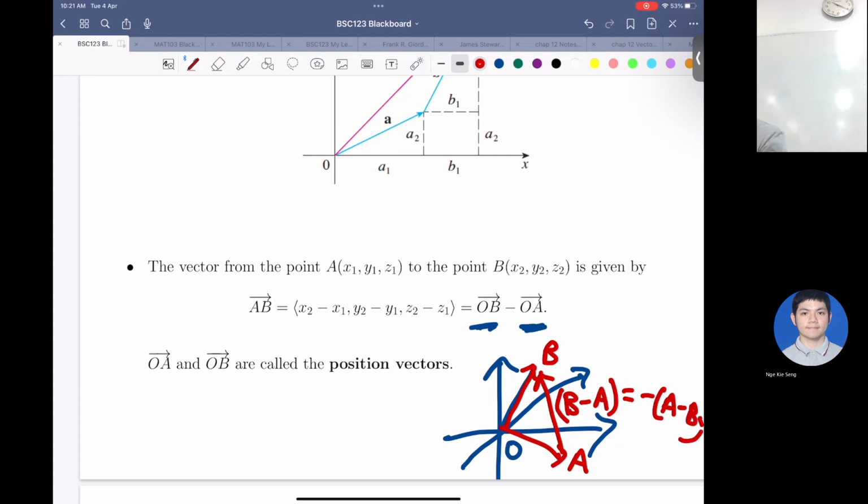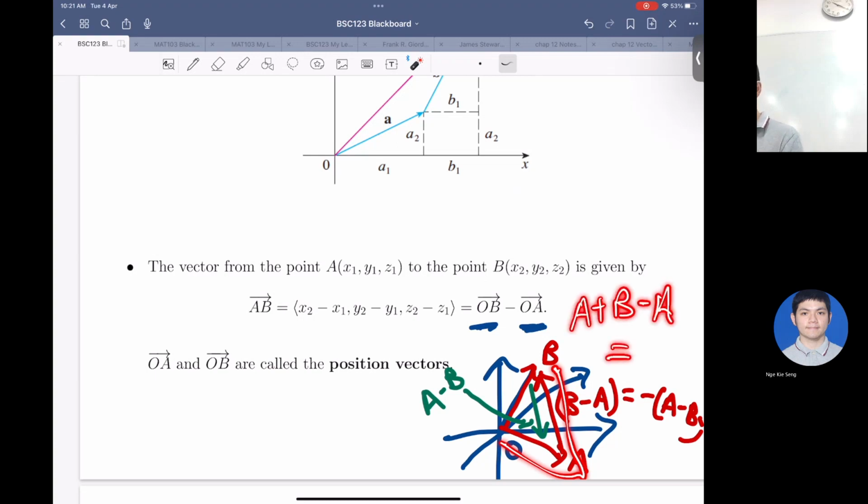So if you want to take a minus b, then you do the other direction. So the other direction is a minus b. I find it easier to do addition. So a plus b minus a, you get b.